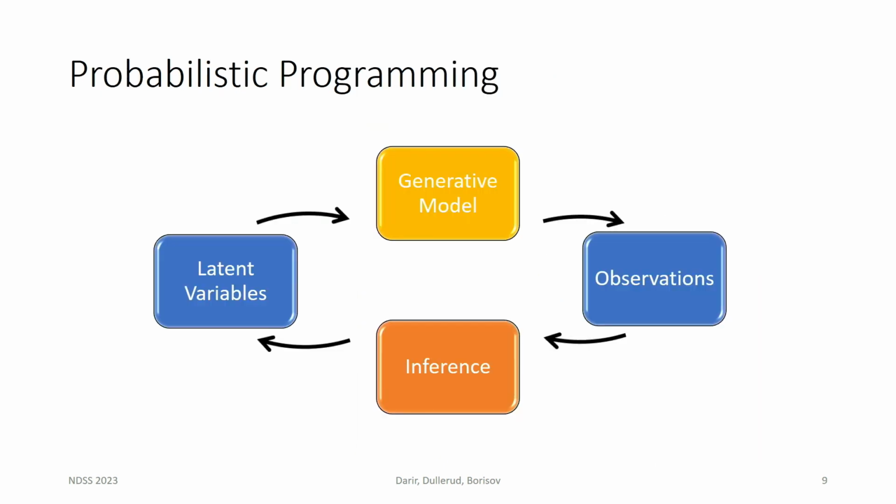But then we came across this new concept called probabilistic programming. What is probabilistic programming? Well, the idea is that you can define a program that represents a model, a probabilistic model, that ties together latent or hidden or unknown variables and observations. And so basically you say, here's some unknown variables that come from unknown distributions.